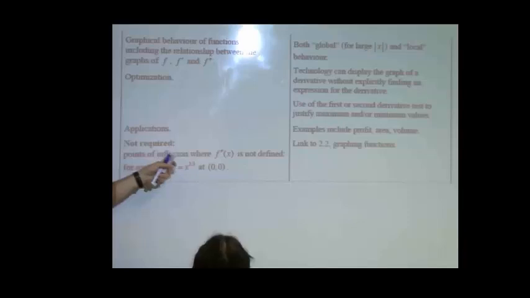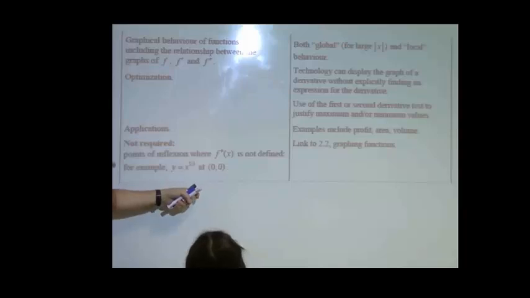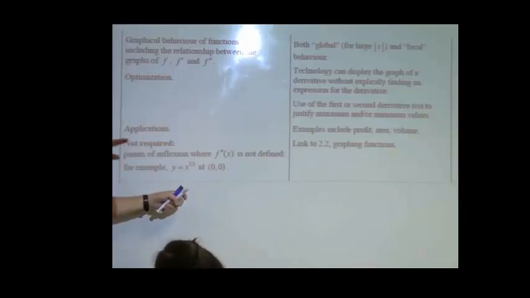So in that one case, you won't have a problem like that. It'll be like the x cubed that I just gave you. That was defined at the inflection point, and so you would be expected to work with it.